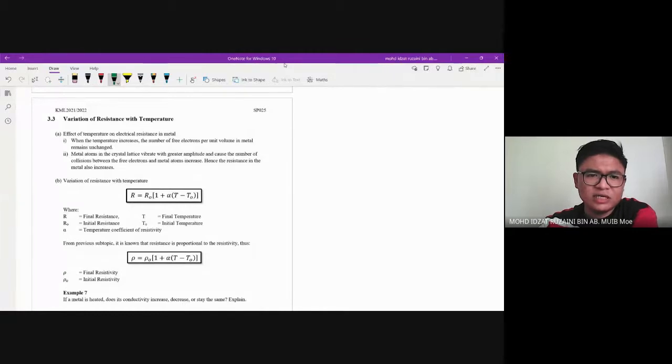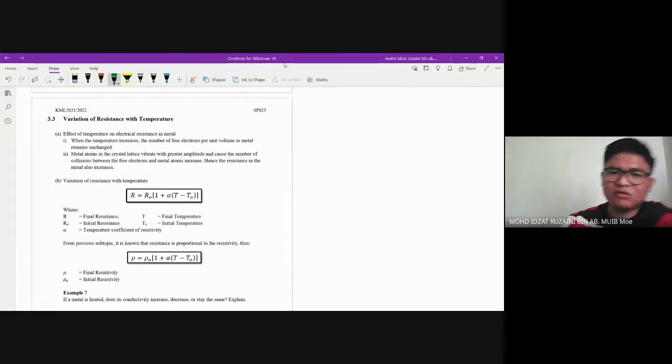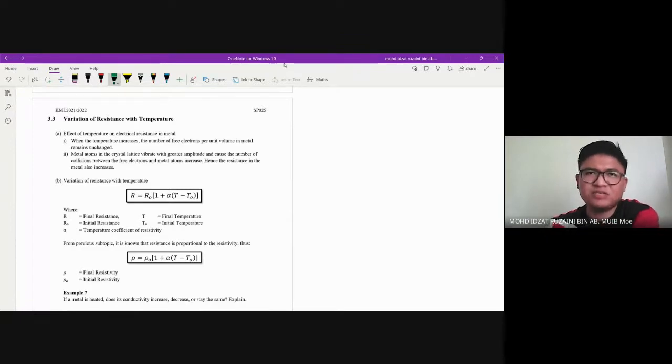Okay, kamu tengok sini kan. When the temperature increase, the number of free electron per unit volume in metal remain unchanged. Okay, number of electron tak ada masalah. Sentiasa ada lah. Macam kalau kamu ada 10,000 elektron dalam metal tu, maka kalau kamu naikkan temperature pun masih 10,000 lagi. Tetapi apa yang berlaku sebenarnya, when the temperature increase, what happen to the atom? Okay, so the metal atom, dia akan vibrate more.